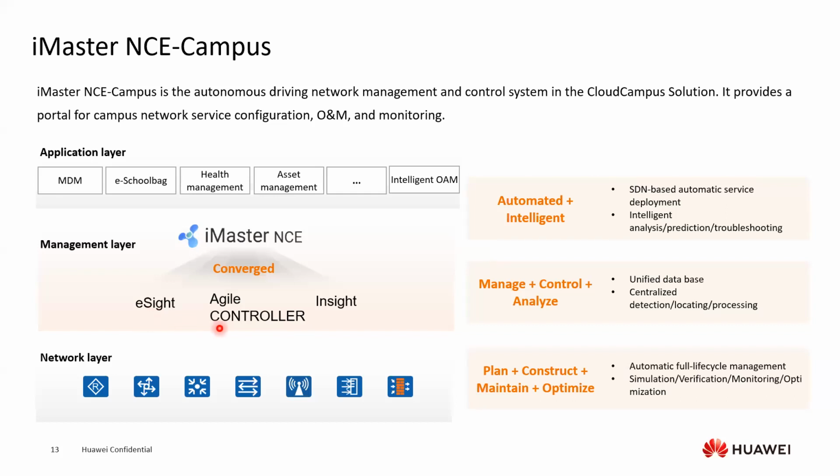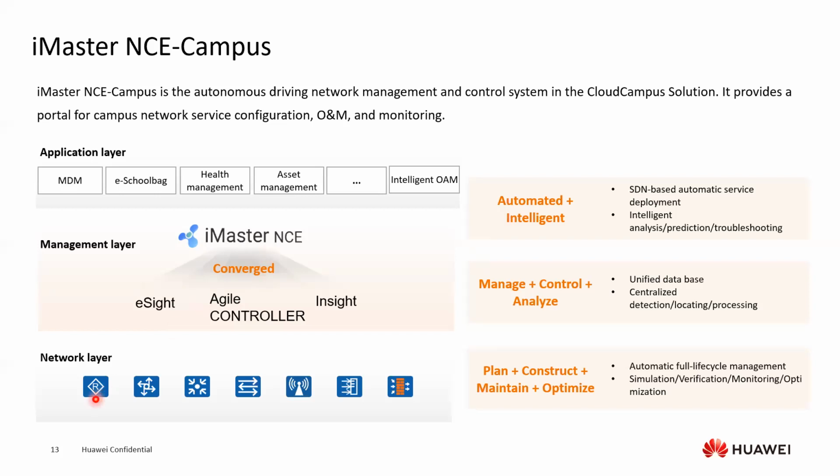Then we used to have Agile Controller to give the NAC functionality, and Insight for the basic telemetry services. These were the three different products. Now all of these three products are converged into iMaster NC. That is not only a combination of these three, but much more than that.